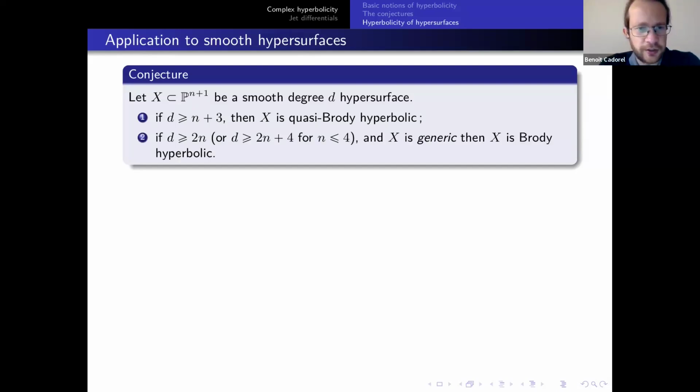And actually, Kobayashi predicted that if you allow yourself to assume that X is generic, and if you take a larger degree, then X should actually be Brody hyperbolic and not merely quasi-Brody hyperbolic.